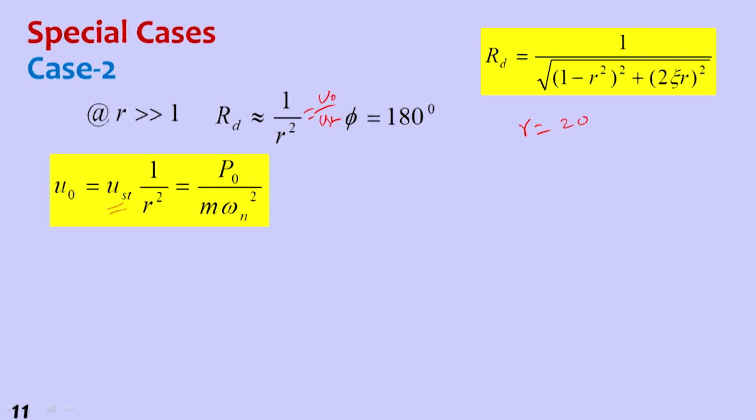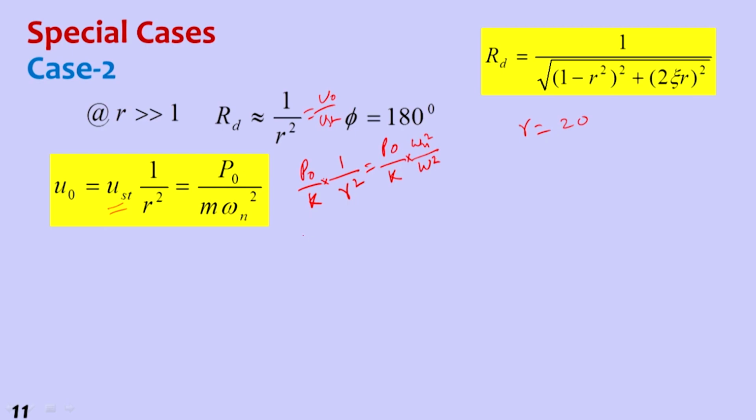UST is P naught by K, and if you expand this, P naught by K into 1 by R square is equal to P naught by K into omega n square by omega square.